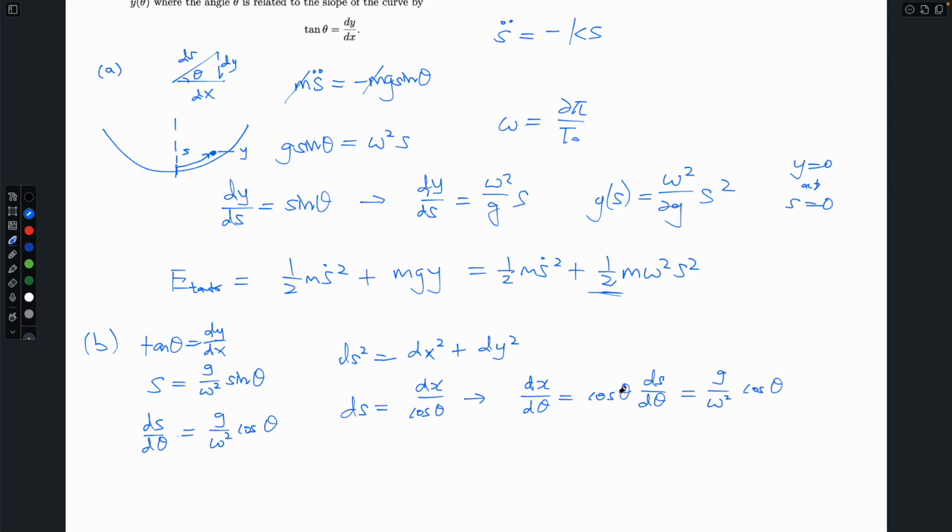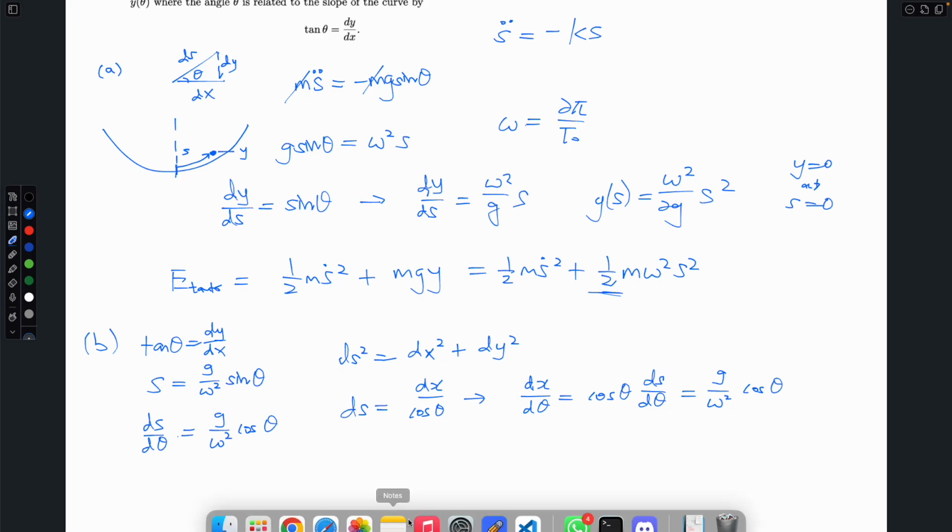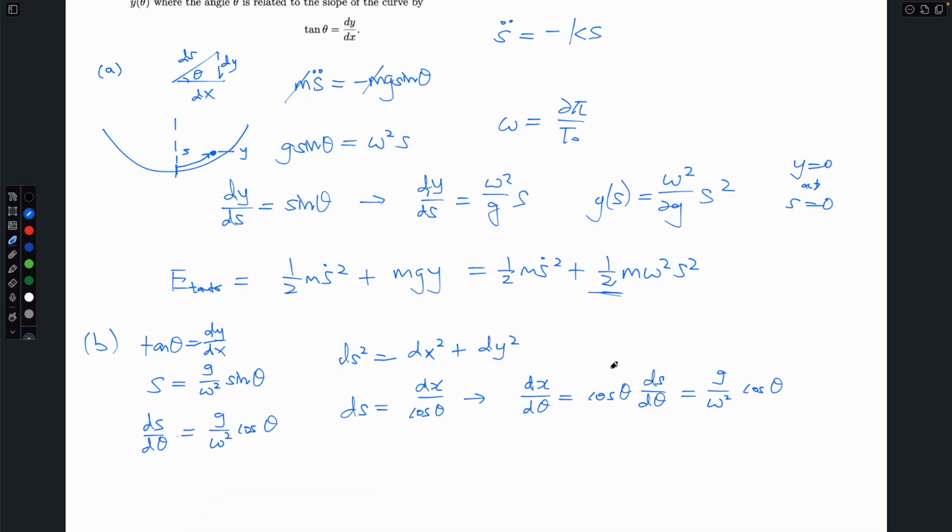Okay? Do you see how we set up this differential equation? So what we're trying to do is, right now we have s as a function of theta, we want x as a function of theta. So we need to find a way to change the variables. And the way we can do so is by writing this relationship, ds equals dx over cosine theta, which is clear from the triangle.